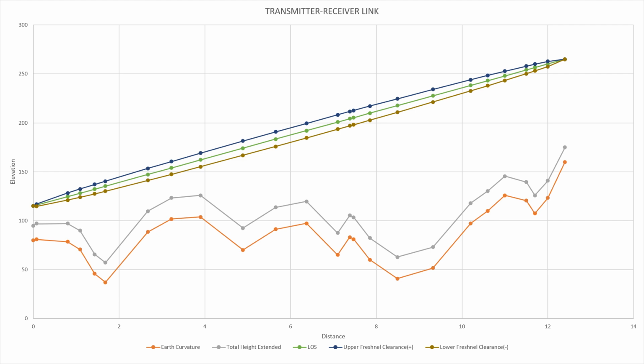The blue line is the upper Fresnel clearance, and the brown line is the lower Fresnel clearance. And as you can see, we have a straight LOS, and the upper and lower Fresnel clearance are not obstructed. So this is it.